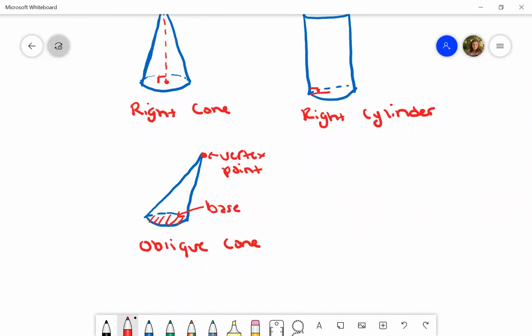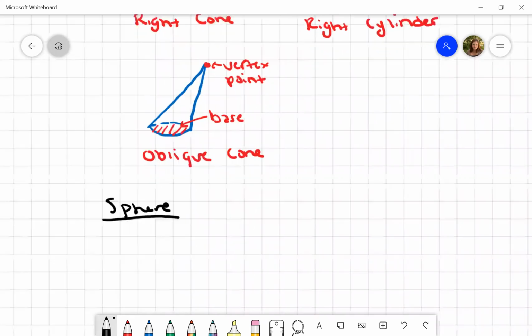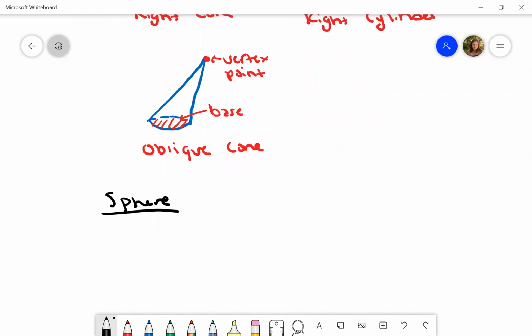Now a sphere is the next shape we're going to center in on. All right. And I love the definition of sphere. It's actually kind of a fun definition. And I may have defined this before, but I'm going to do it again.